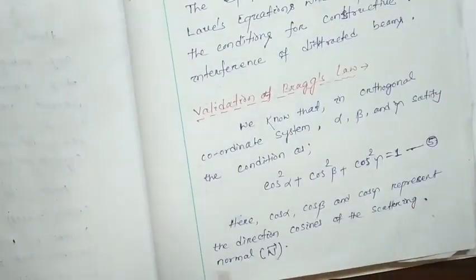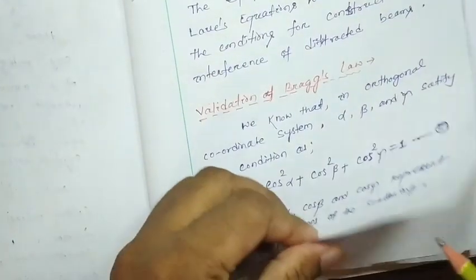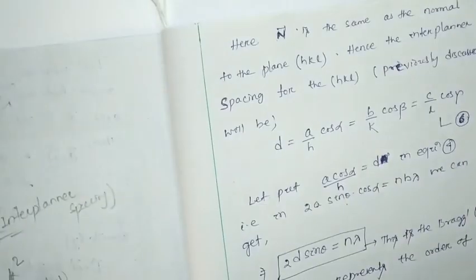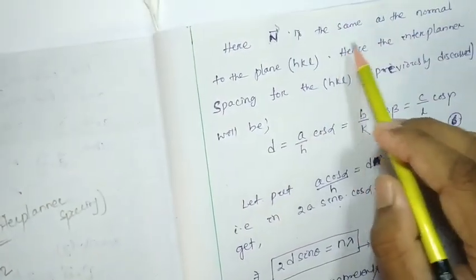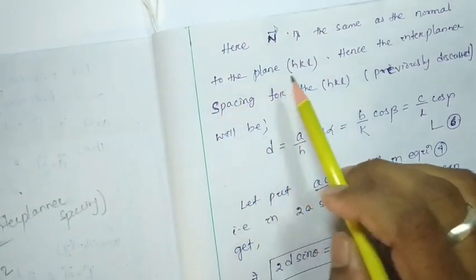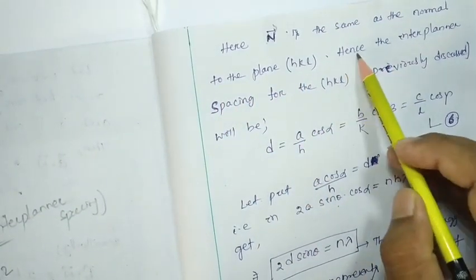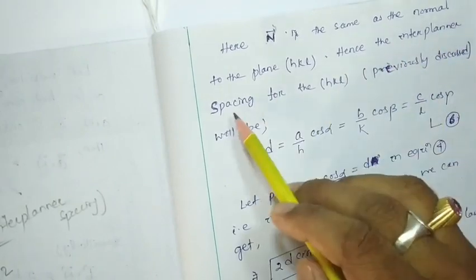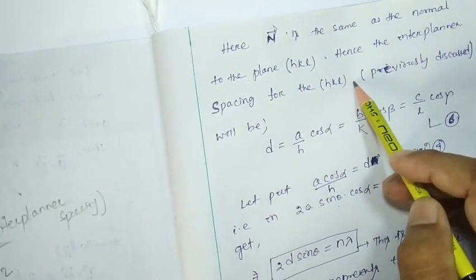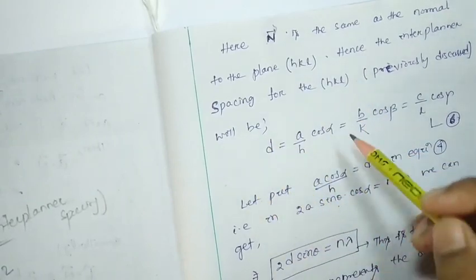Now what is n? Here n is nothing but the normal to the plane (h k l), hence the interplanar spacing for (h k l) will be this one.